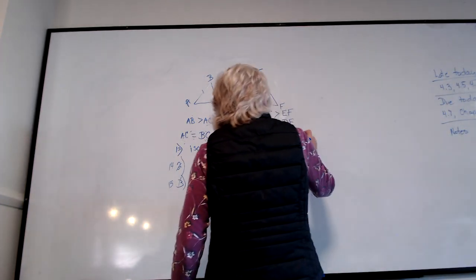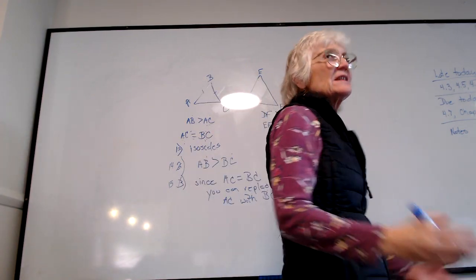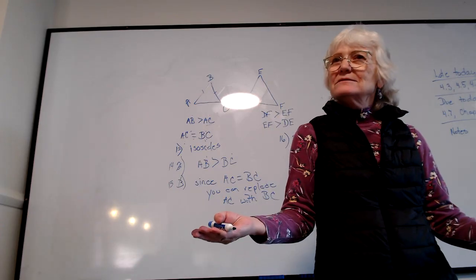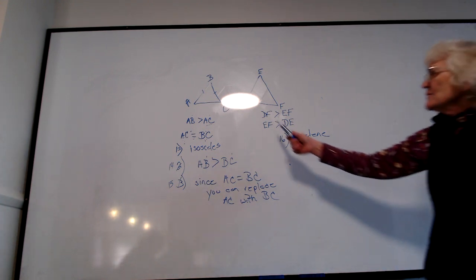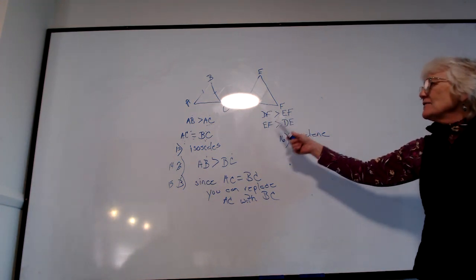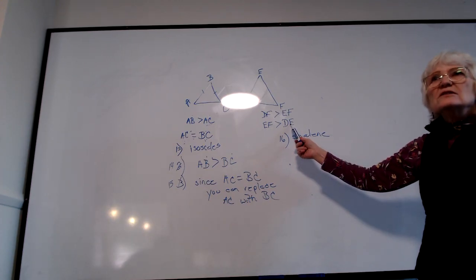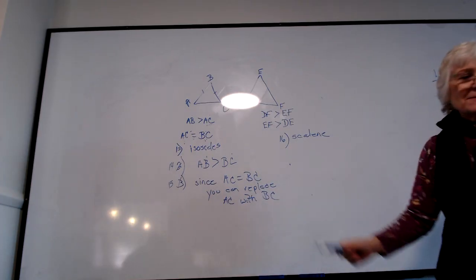I had to think about that a moment. Scalene, why? This is not asked, but why? What do you know? If DF is greater than EF and EF is greater than DE, none are the same, so it has to be scalene.